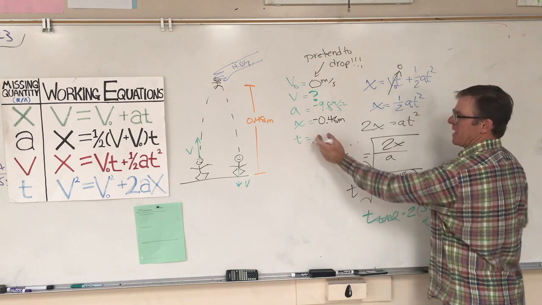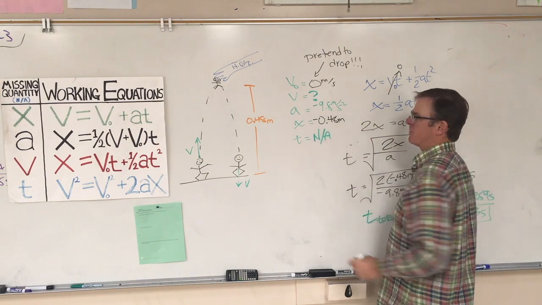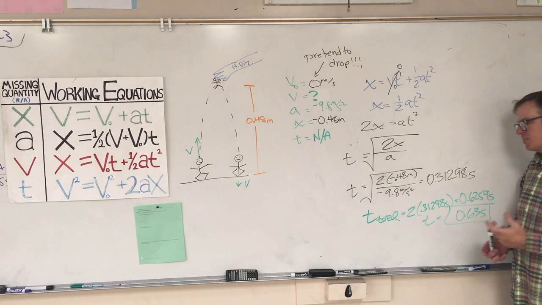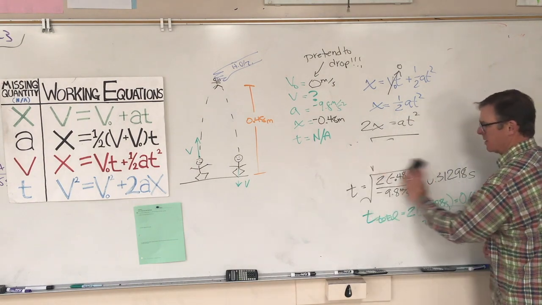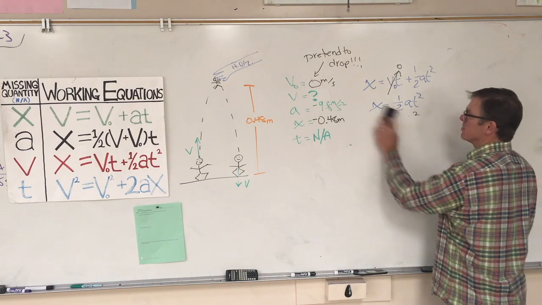Now I could use the half the time, but again, I don't know for sure if the time I just calculated is right or wrong, so I don't want to subject myself to that kind of pain. Let's avoid using a number we just calculated, if possible.